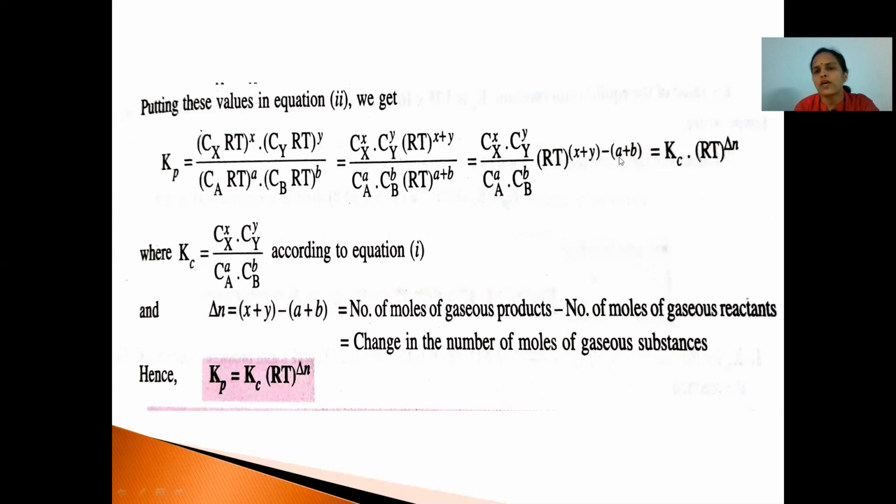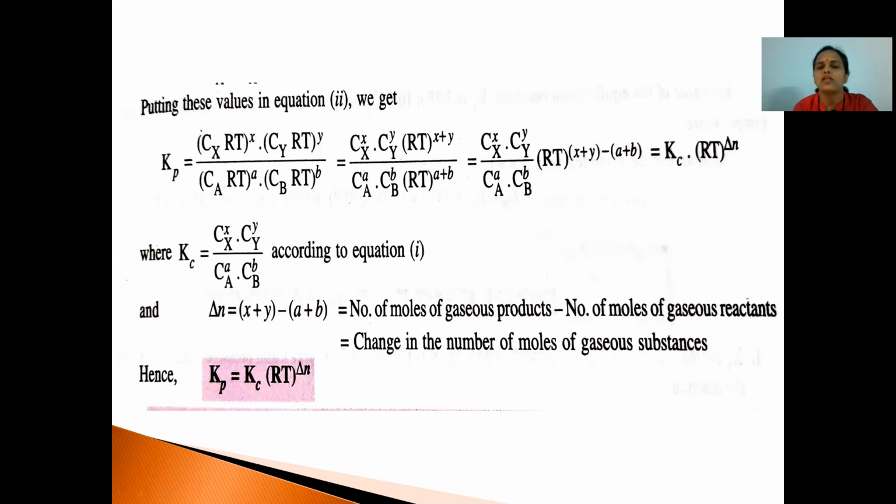So this x plus y minus a plus b is represented here by delta n. So we get the relation Kp equals Kc RT delta n, where delta n is equal to x plus y minus a plus b. That is number of moles of gaseous products minus number of moles of gaseous reactants.